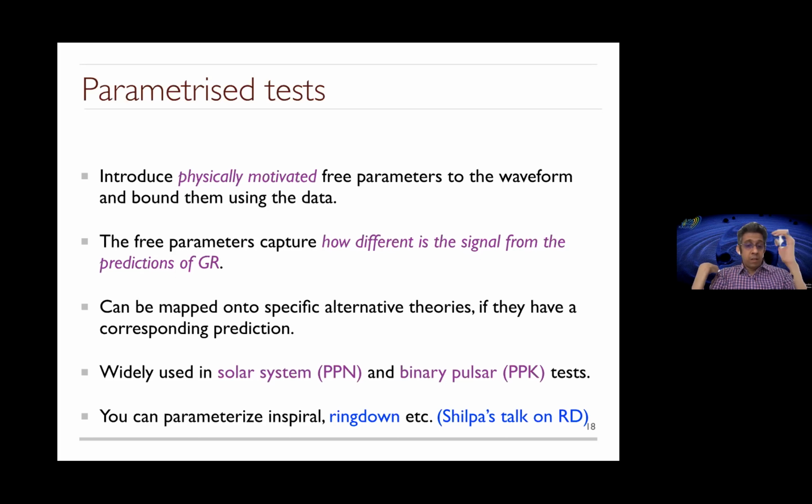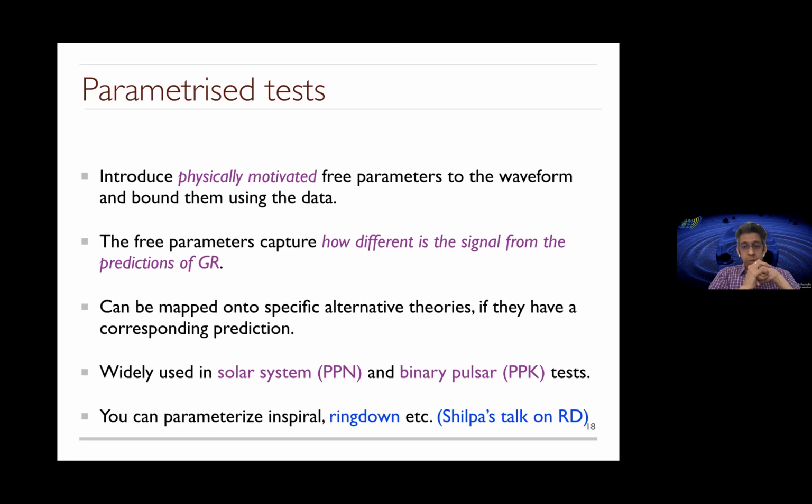This framework is very widely used both in solar system experiments as well as in binary pulsar tests, and has been largely successful. PPN and PPK correspond to the parameterized post-Newtonian framework in the solar system, which characterizes the different components of the metric of the solar system, and the parameterized post-Keplerian one refers to the various post-Keplerian evolution of the binary orbital elements.